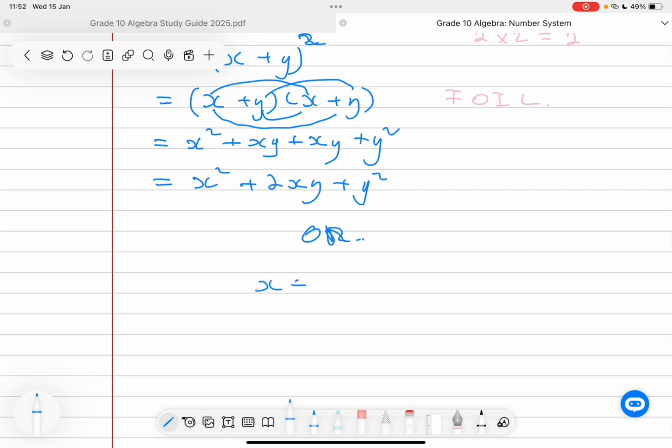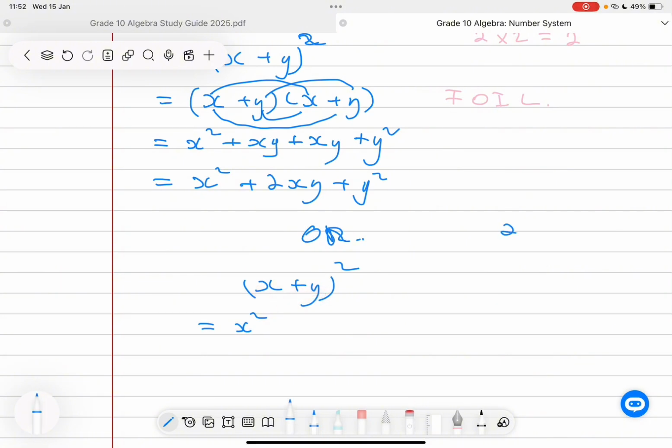So that is to say, if I have the square of x plus y, what we can do is that we can say we square x, right? So this is simply going to be x squared. Then we multiply 2 with the x and the y.